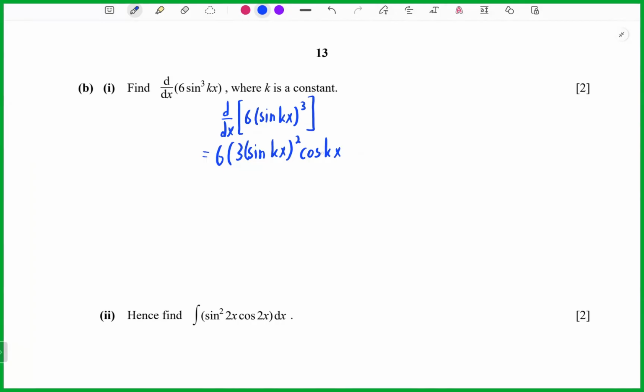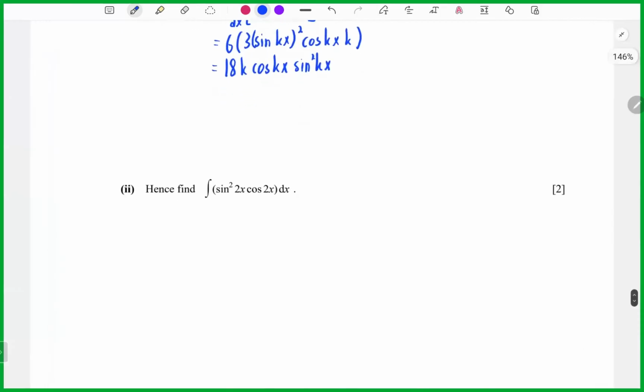And then you also need to multiply for the k, so I can write out here k. Okay, so it will equal to 18k cos kx, and then sine squared kx. So already done. Now let's see part 2.